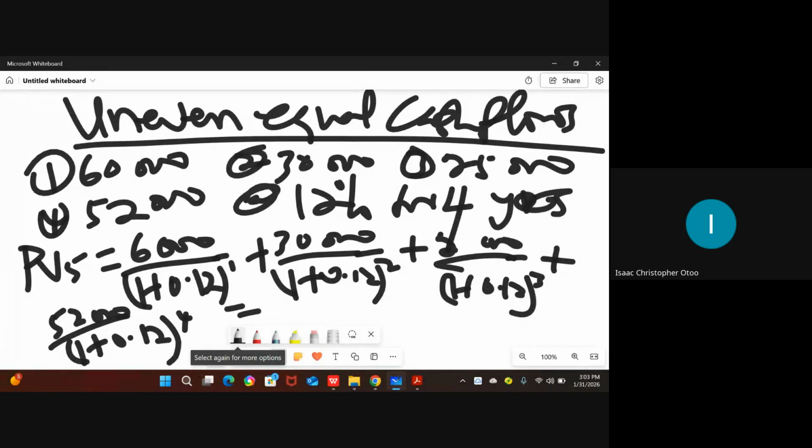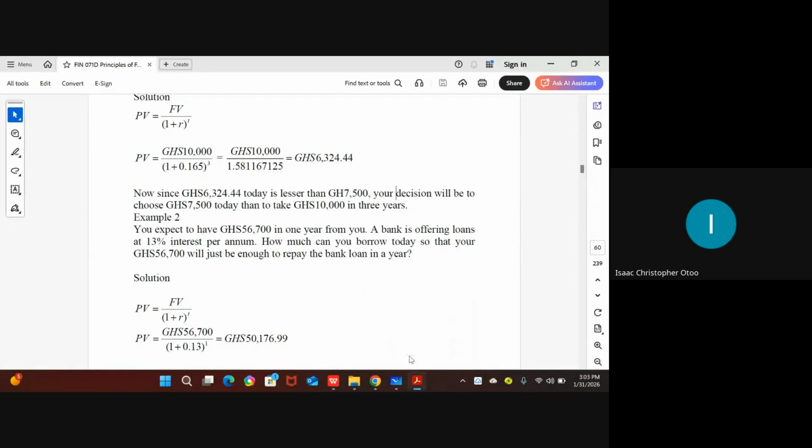The number of values will tell you the number of years. Then let's see what it says otherwise.